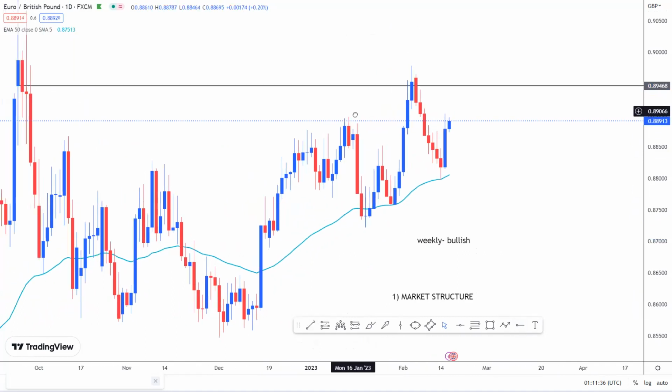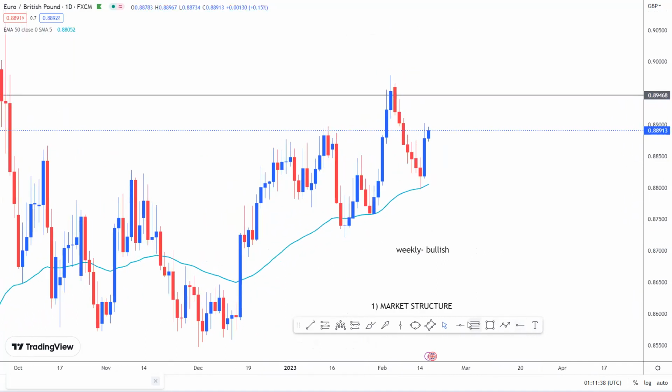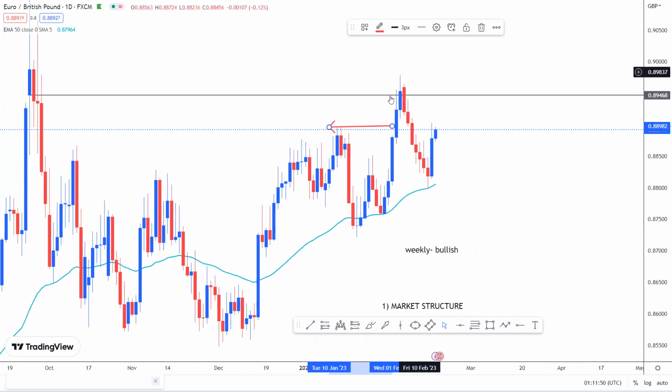We have a new swing high that has closed above the previous higher high right here. So we have this swing high breaking and closing very clearly above the previous swing high, creating a higher high.